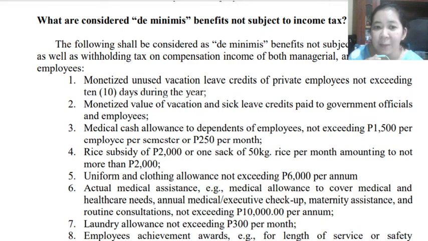6, annual actual medical assistance, like for example, medical allowance to cover medical and healthcare needs, annual medical or executive checkup, maternity assistance, and routine consultation, provided it should not exceed 10,000 per year. 7, laundry allowance, okay, but it should not exceed 300 per month.